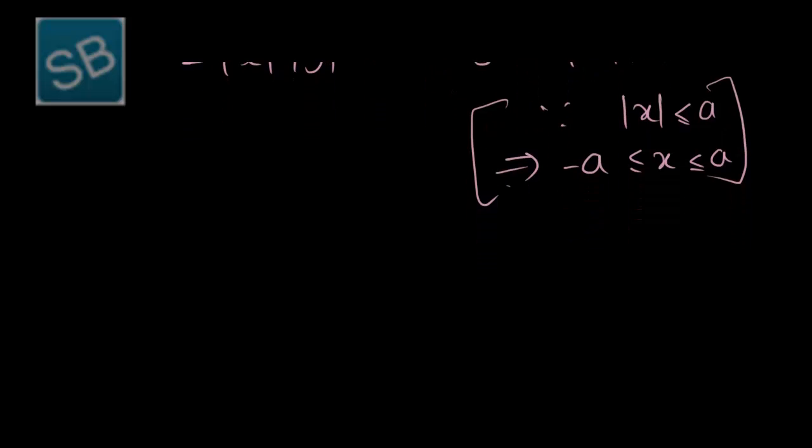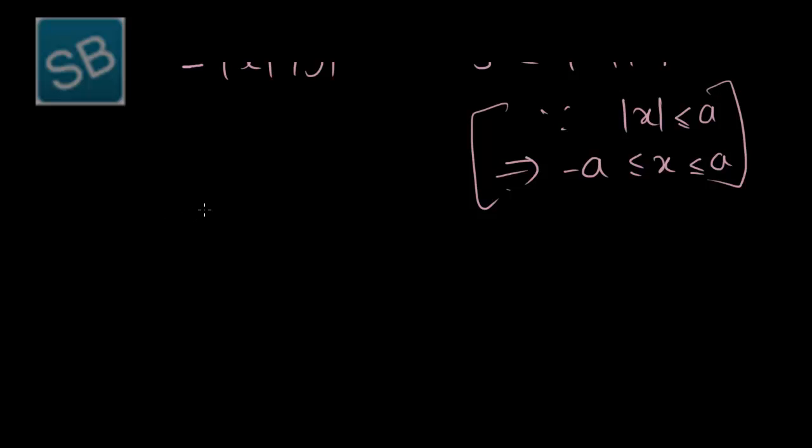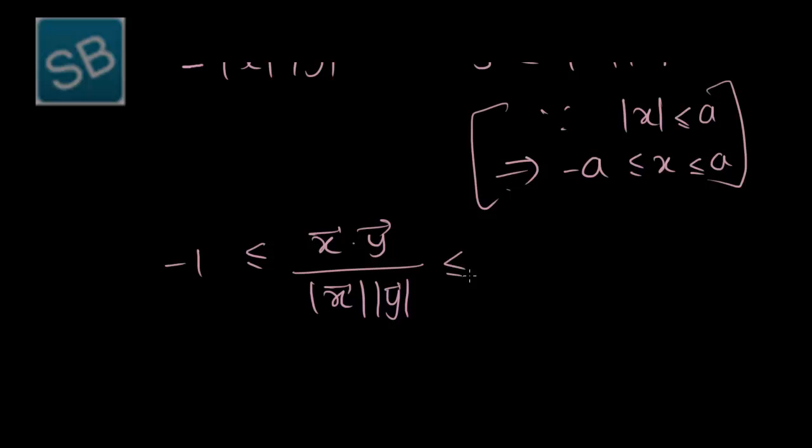So we get this. On dividing by modulus x times modulus y, we get minus 1 less than or equal to x dot y over modulus x product modulus y less than or equal to 1.